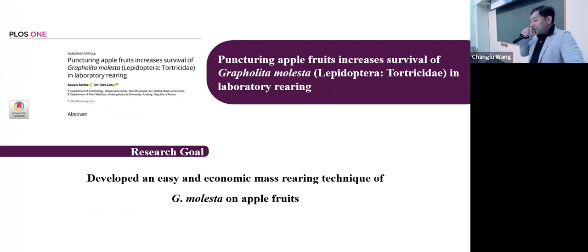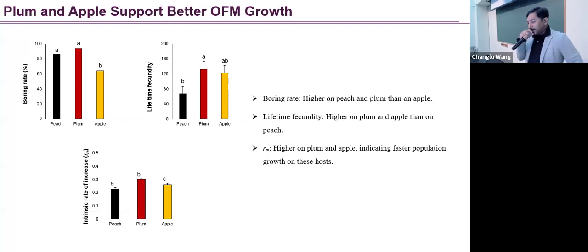So here it comes: punching apple fruits increases survival of Grapholita molesta in laboratory rearing. Why did I choose that one? If you see, boring rate is lower here, right? But once they go inside, it works well. They have proper nutrition to produce more eggs, and the fecundity, if you see, is much higher in apple compared to peach.